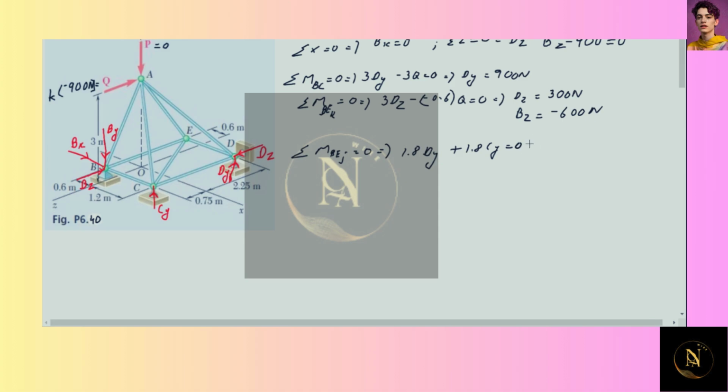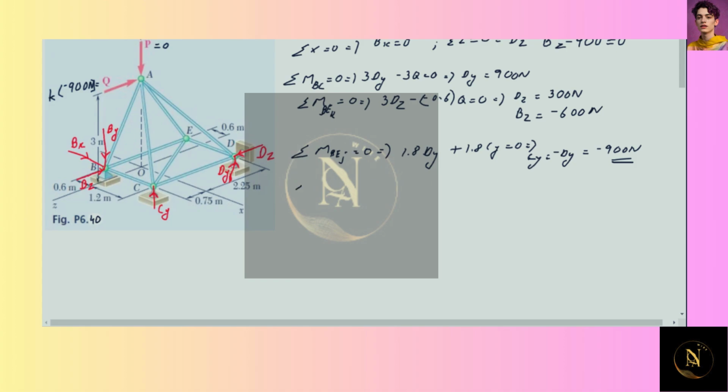So from here cy will be equal to minus dy, that is minus 900 Newton. We got the value of dy here, so cy will be minus 900 Newton.